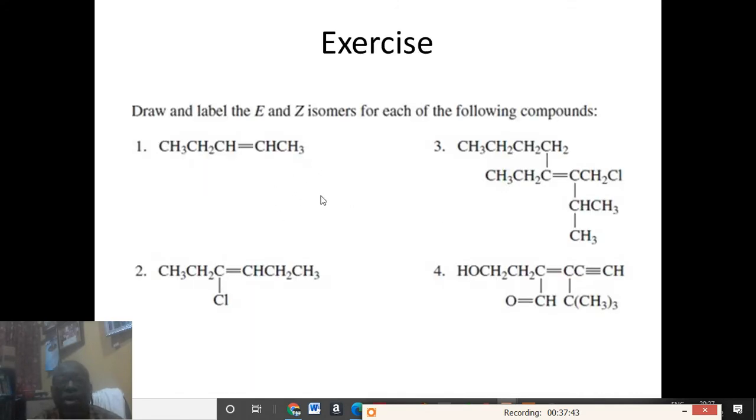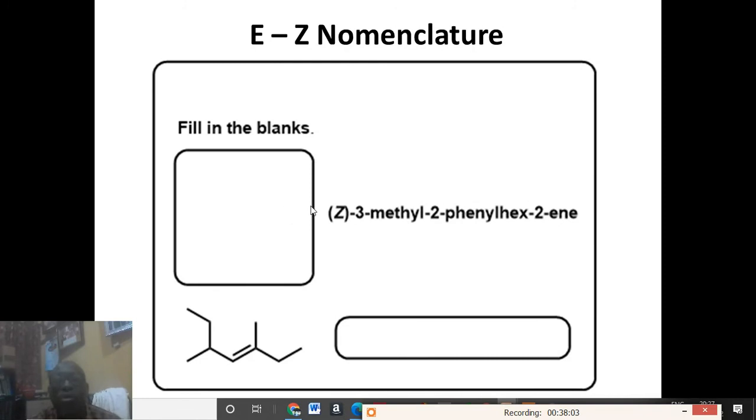You can also use this as practice. Designate each of these compounds, or draw and label the E and Z isomers for each of these compounds, as your exercise. Here is some other exercise.